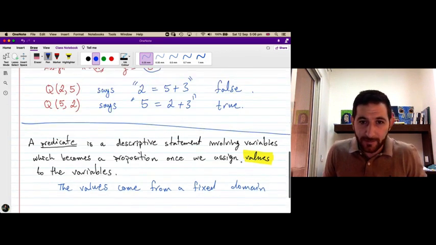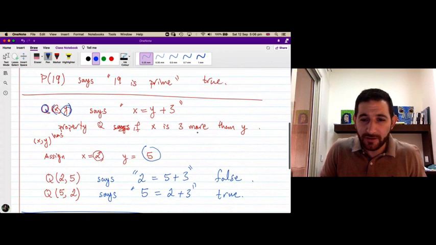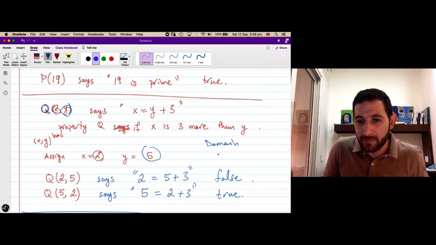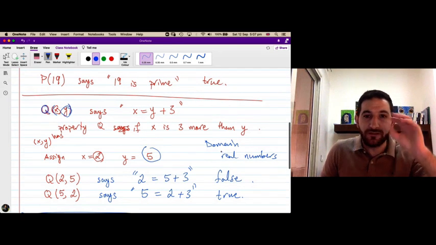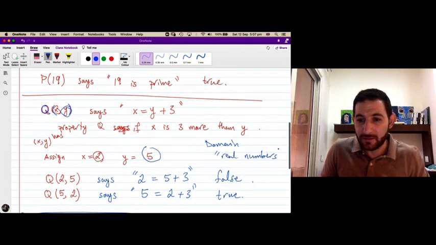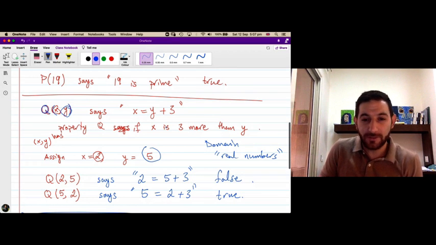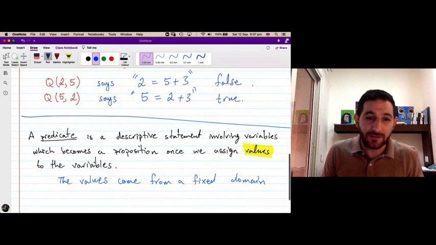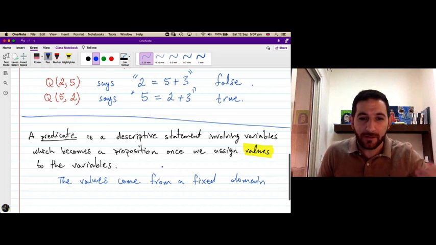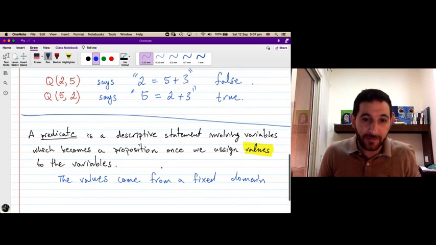For example here, the domain of x and y was the real numbers. So we chose the values from the domain of real numbers to substitute for x and y. Whenever you have a predicate, you need to ask yourself, what is the domain? This domain is in the background. It is the domain from which we choose the values of the variables in the predicate.